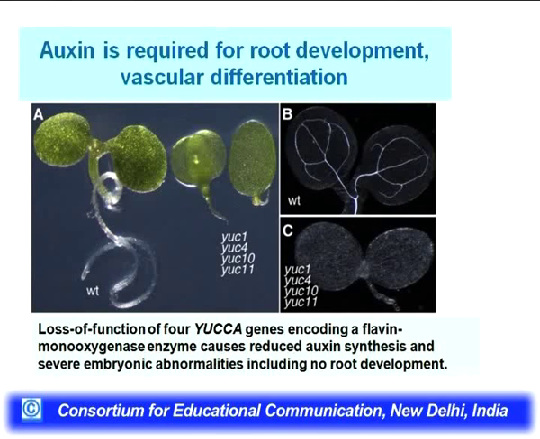In panel B, you can see a wild type Arabidopsis plant, and these are the vasculatures of Arabidopsis leaves. If you look below at panel C, these are the 2 cotyledonary leaves of the quadruple YUCCA mutants, and you can see there is no clear vasculature. That also tells you that auxin is so important for root development as well as for vasculature development.